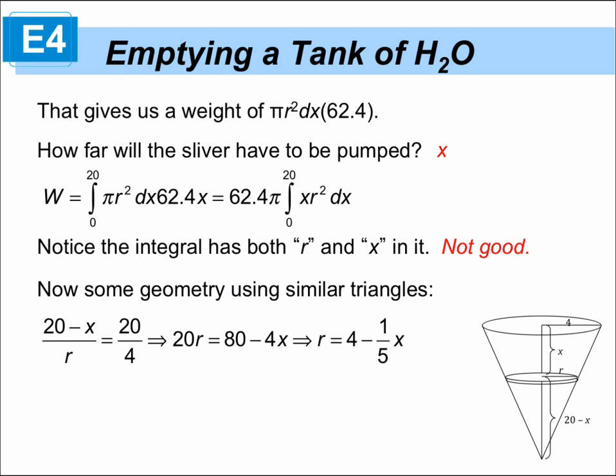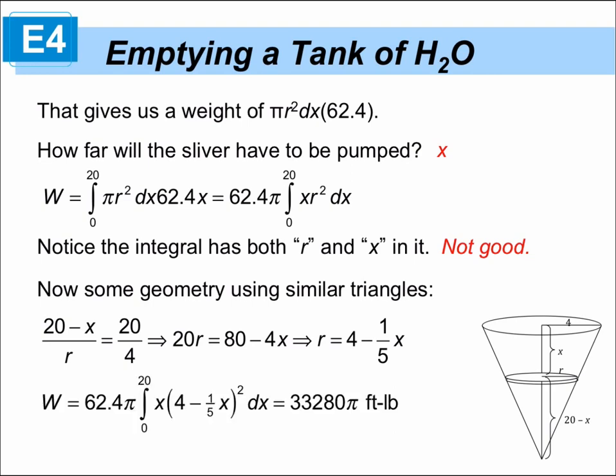Just for giggles, what's 4 minus 1/5 x quantity squared? Do it in order. Okay, 16 minus 8/5 x plus 1/25 x squared. And all of that times x, which I have there.